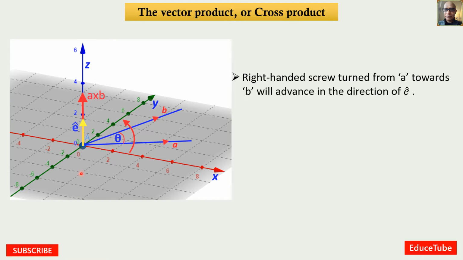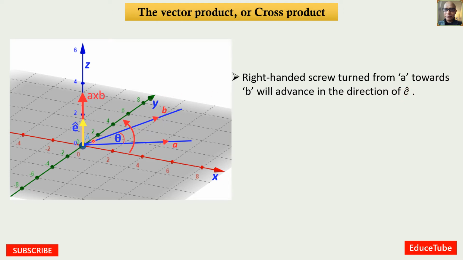Here the right-handed screw, as I already mentioned, turns from A towards B. So it will advance in the direction of small e cap. I put here the symbol of unit vectors.